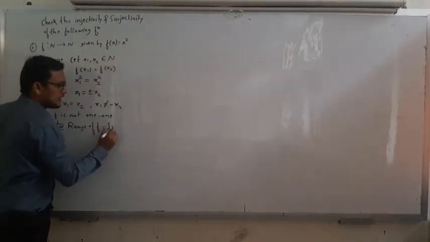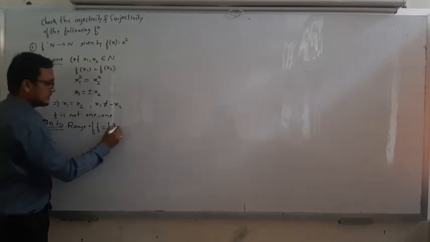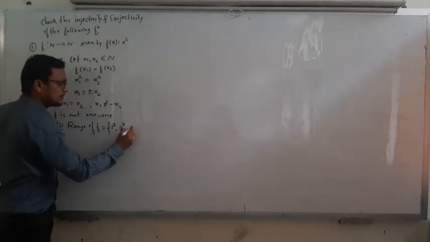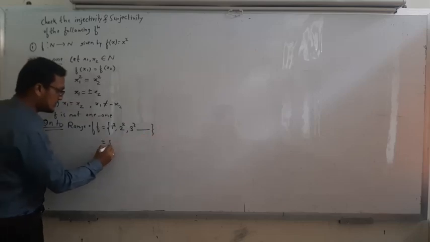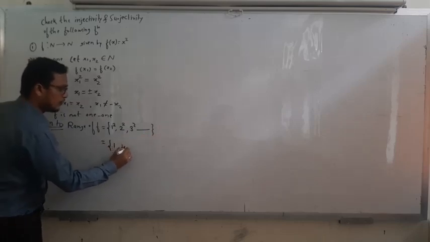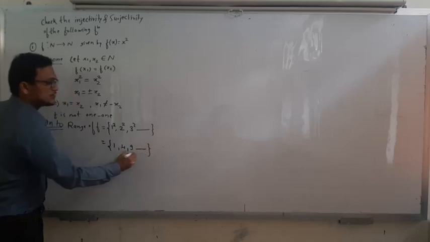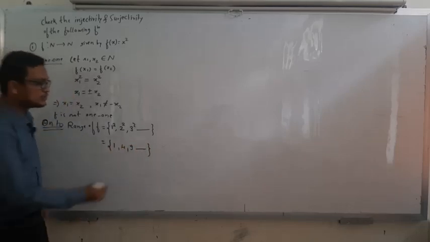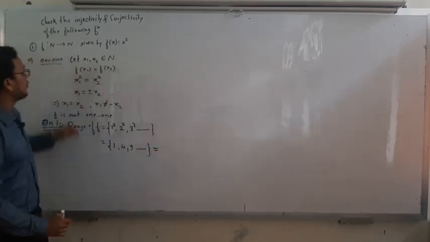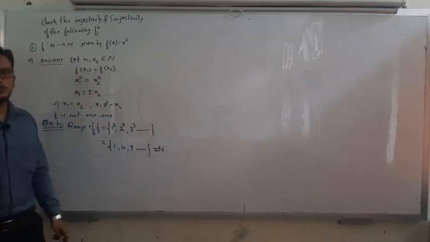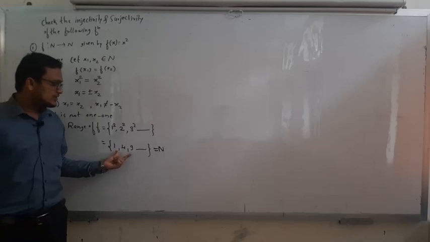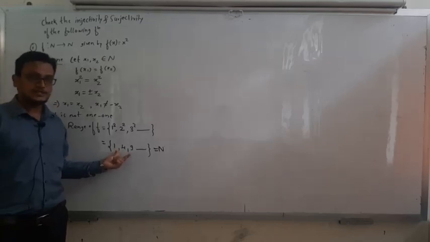If I put x as 1, it becomes 1 square, then 2 square, 3 square and so on, which equals 1, 4, 9 and so on, which should equal the codomain. The codomain is N. Now how do we check whether it equals the codomain?